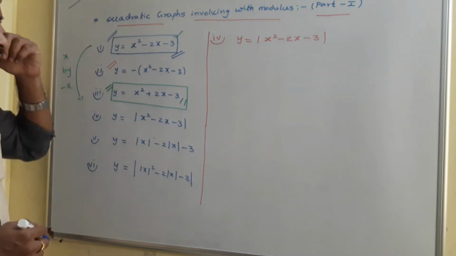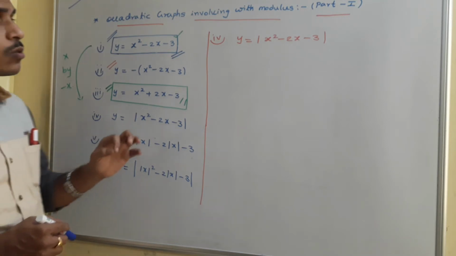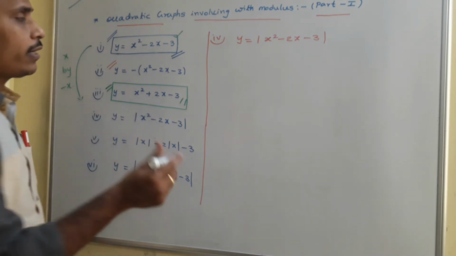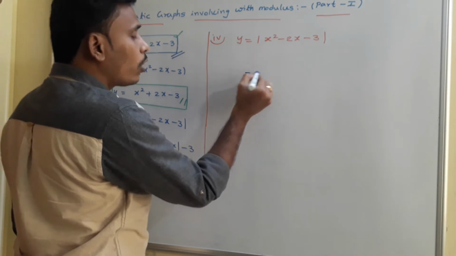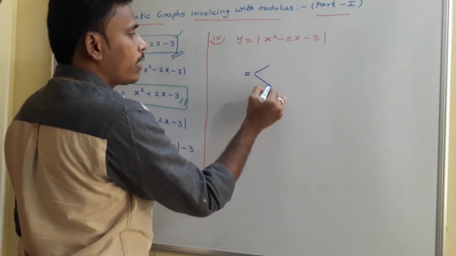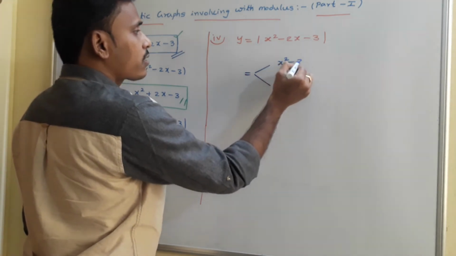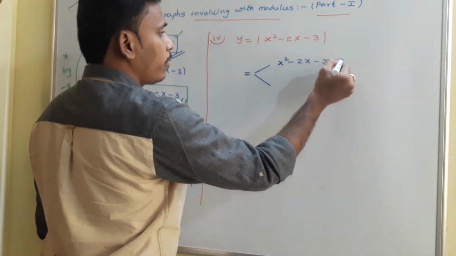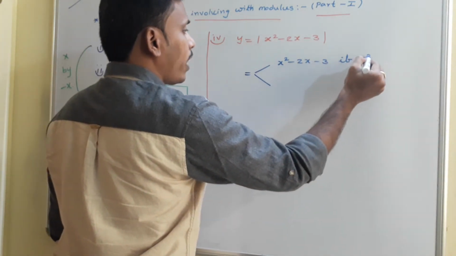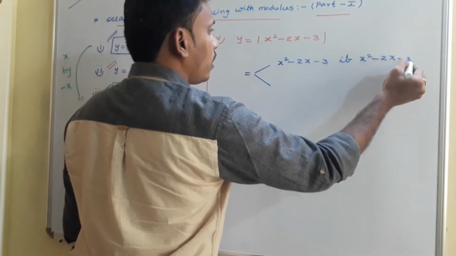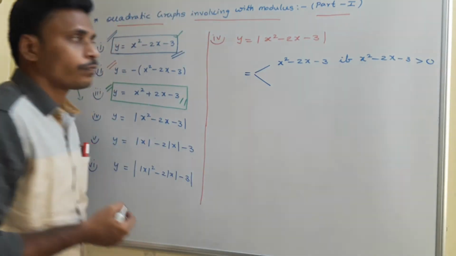So just have a look. y is equal to modulus of x square minus 2x minus 3. This is equal to, we have 2 cases. The first one is x square minus 2x minus 3 if x square minus 2x minus 3 is greater than 0.